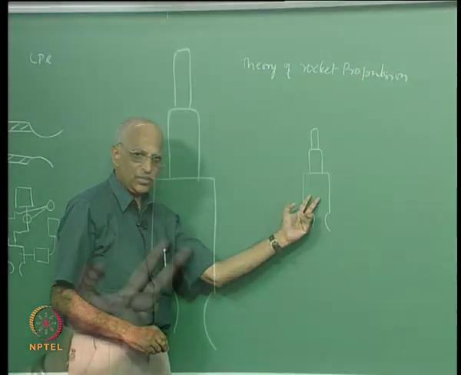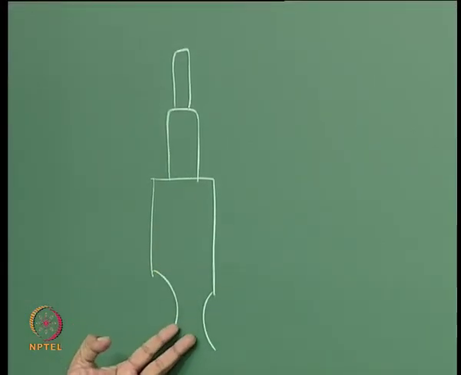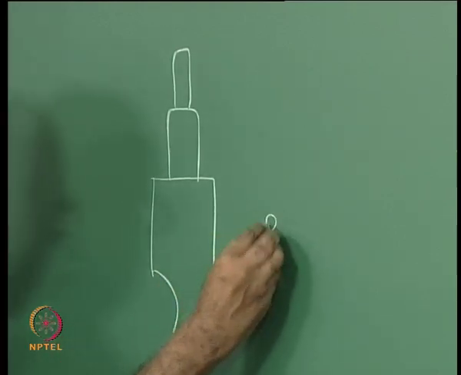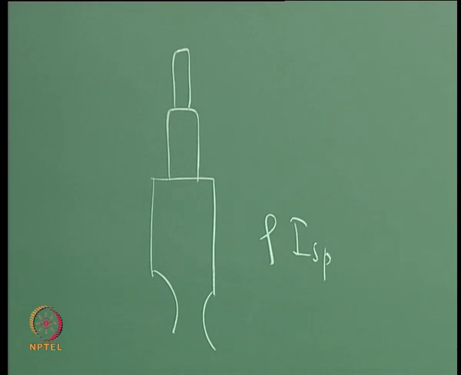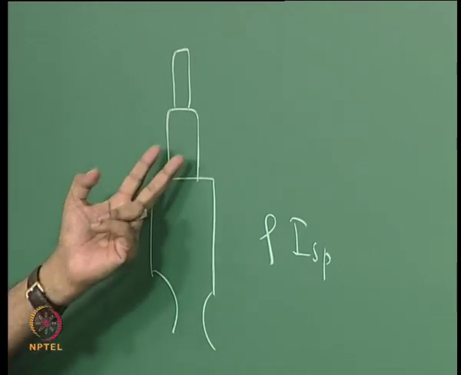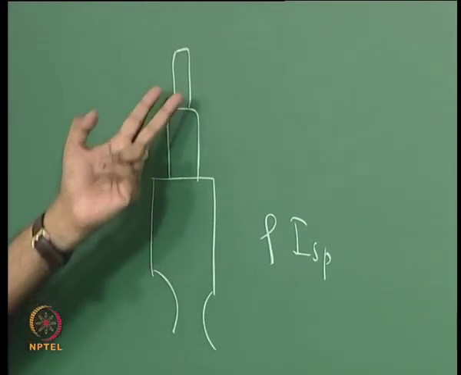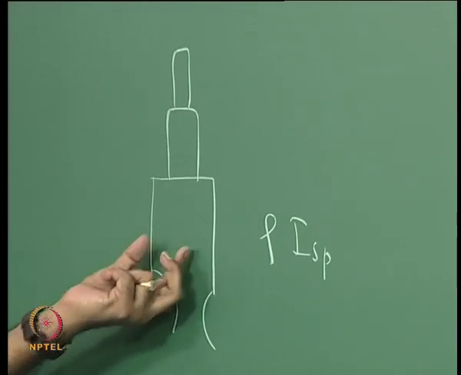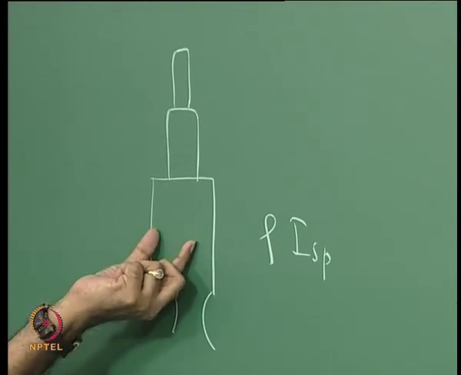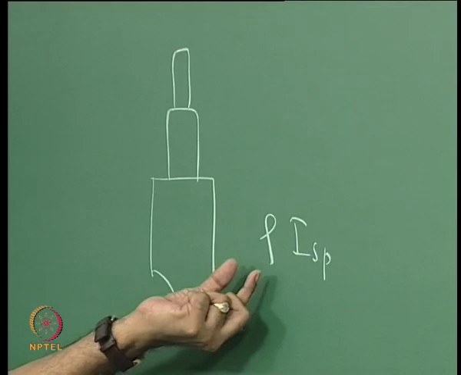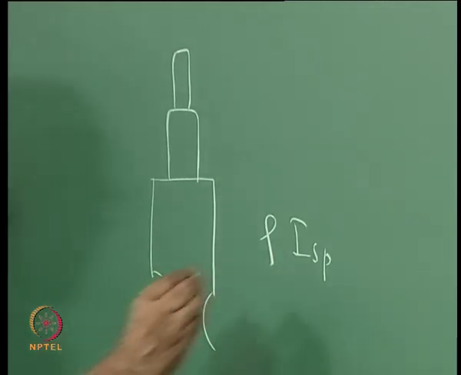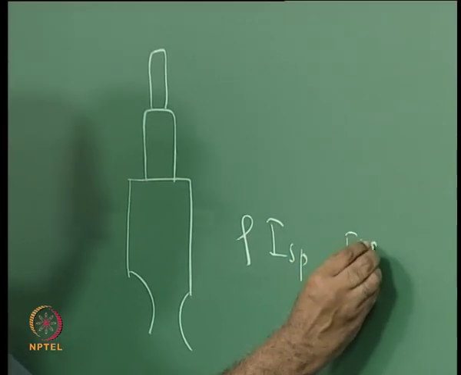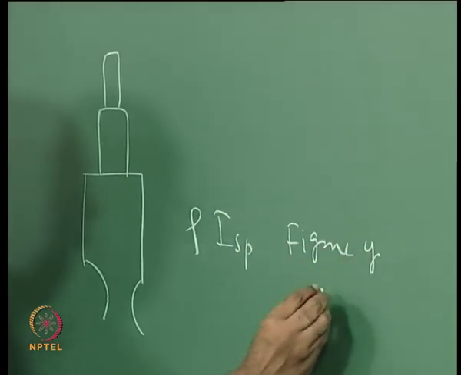For booster rockets, we found that in addition to ISP, the term like rho ISP becomes important. You will recall, and why did we say that? The mass of the cases, mass of the upper stages become important, and under those conditions we derived an expression that rather than ISP, the product of the density of the propellants multiplied by ISP becomes a figure of merit of the rocket.